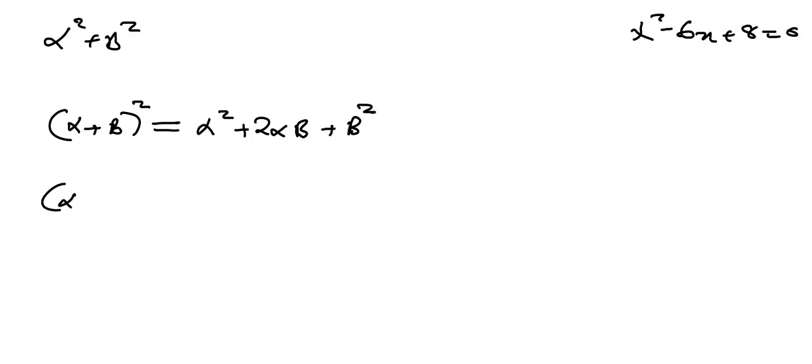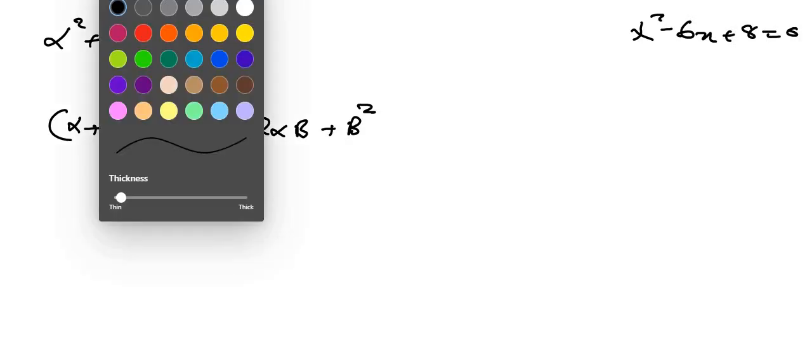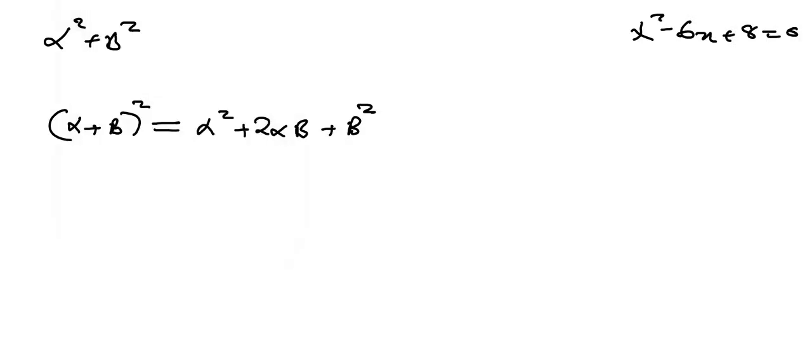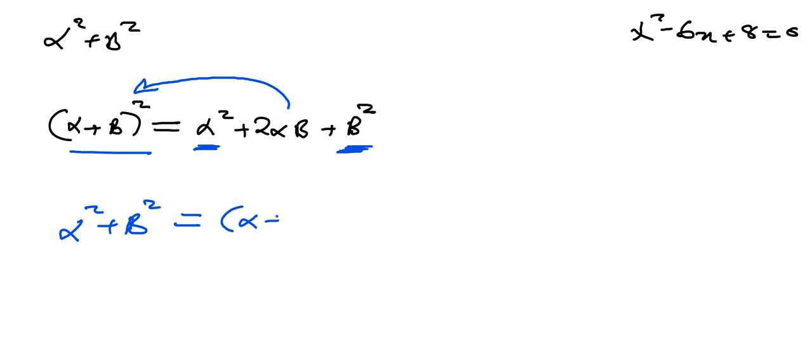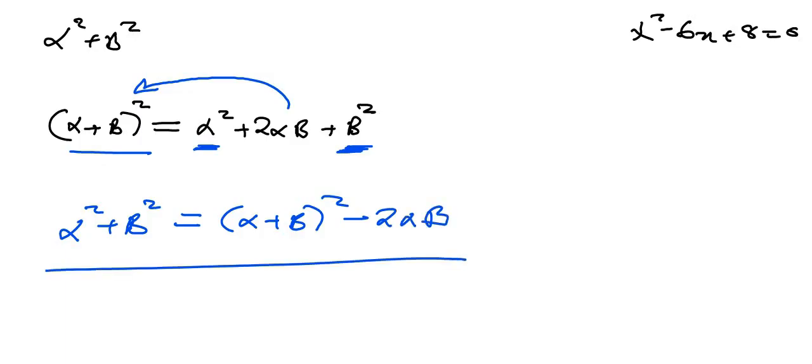Then from this expression, we're going to make alpha squared plus beta squared the subject, meaning we take this on the other side to leave these two alone. So alpha squared plus beta squared is equal to alpha plus beta, squared, minus, because when this goes on the other side it becomes negative, 2 alpha beta. This is basically what you get.